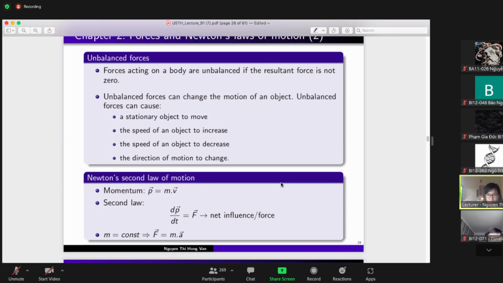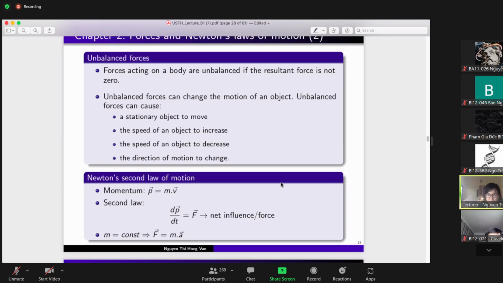The mass also plays an important role for the force. So momentum is the product of mass and velocity, and it also has a direction. Remember that the direction of the momentum is the same as the direction of the velocity. And now the second law of Newton contains the momentum.